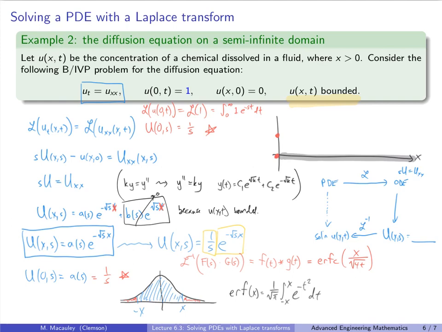So this is actually equal to 1 minus the erf function of x over root 4t. So once again, the erf function is this blue area, and the complement of that is 1 minus the blue area, which is the red area. And that's all we're going to get. There's really no good way to simplify that beyond this.